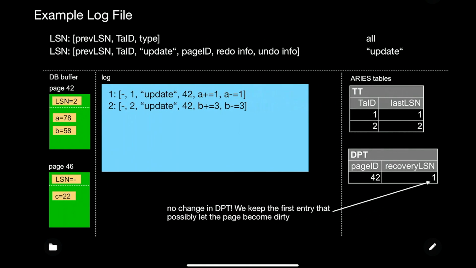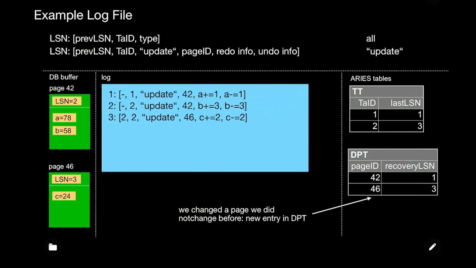And now you continue. There's a second change operation, again affecting page 42. You increase B, and you also set the LSN to 2. And so forth. Ignore everything on the right for the moment. Here's another update operation now on page 46.